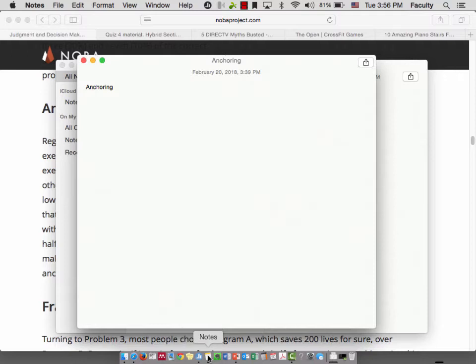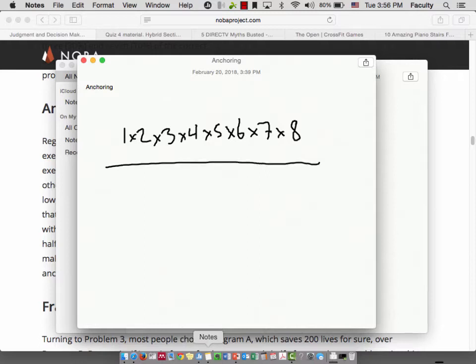In one condition, the problem was given to you for a very short period of time, too short for you to actually be able to calculate it. And they just want, as quick as you can, give me an estimate of that answer. This is what half the participants got, and then the other half got the exact same problem, but in reverse.